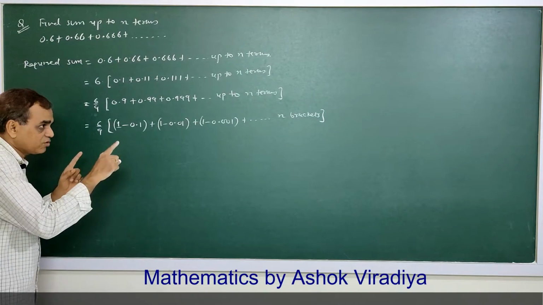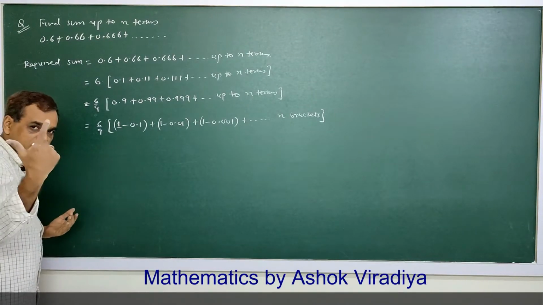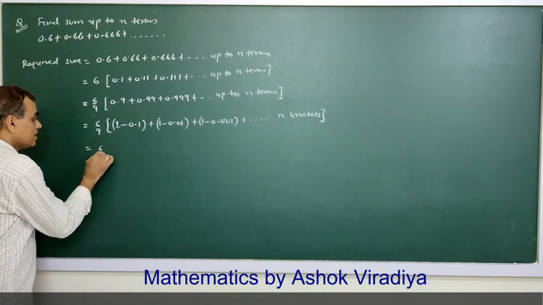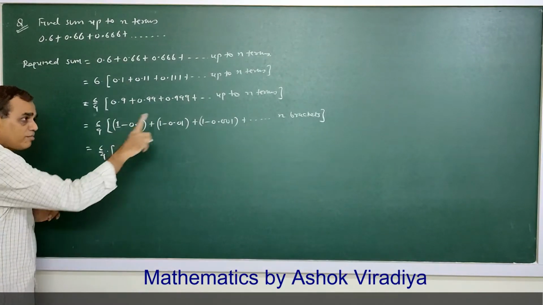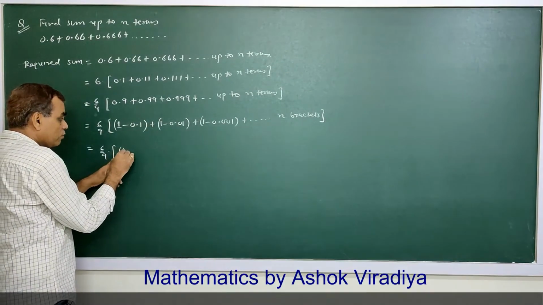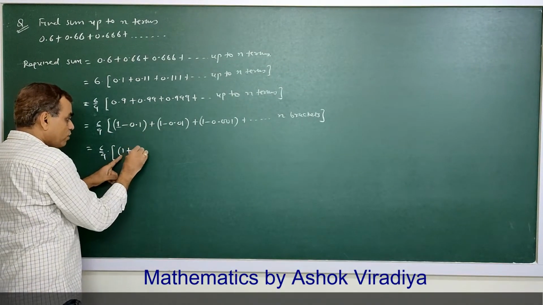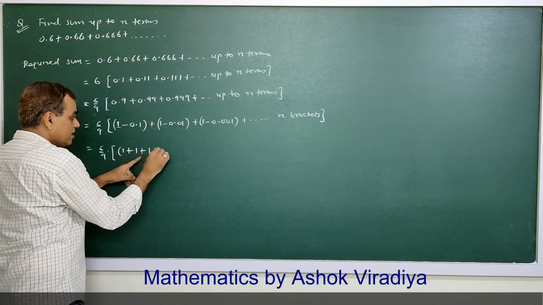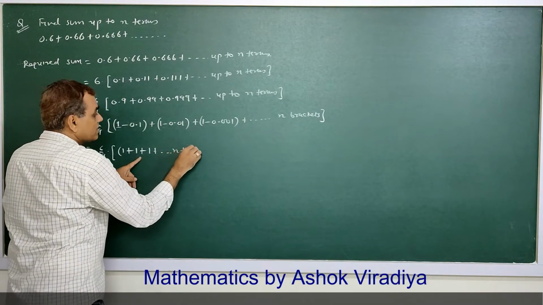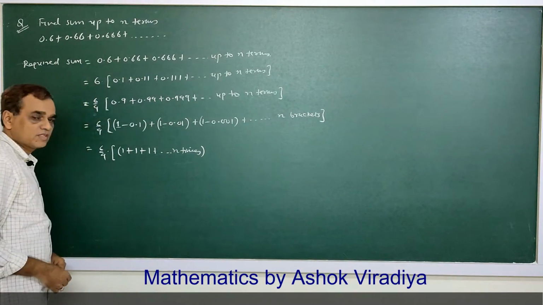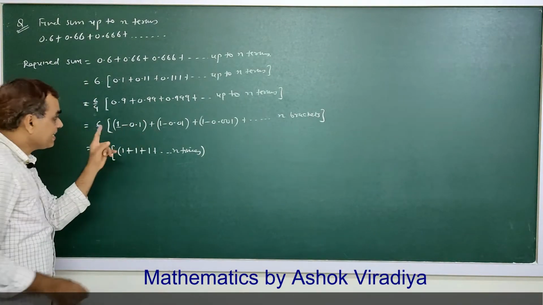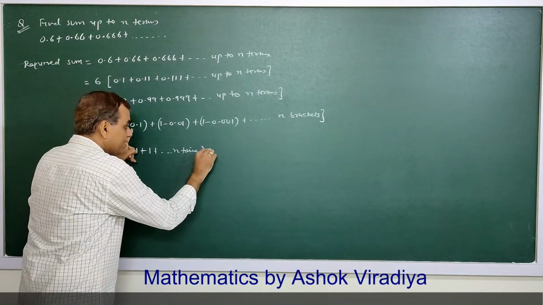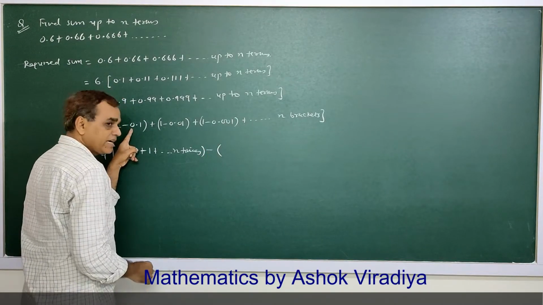From these brackets we can separate a GP. Say here 6 by 9. From every bracket I am collecting 1. 1 plus second one plus third one, that is n times 1. From every bracket, the second place numbers, I am putting minus common.